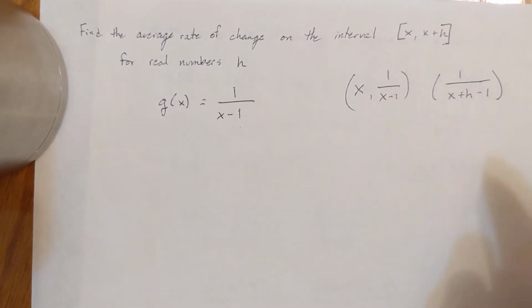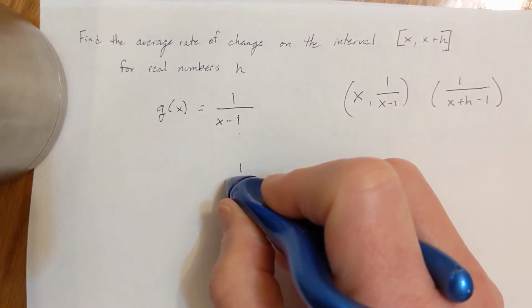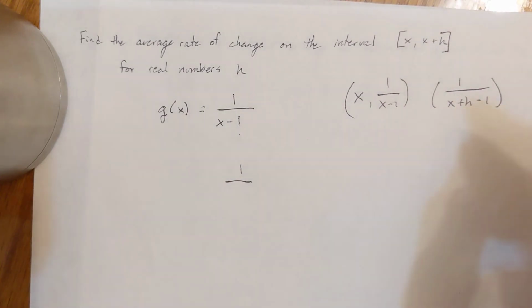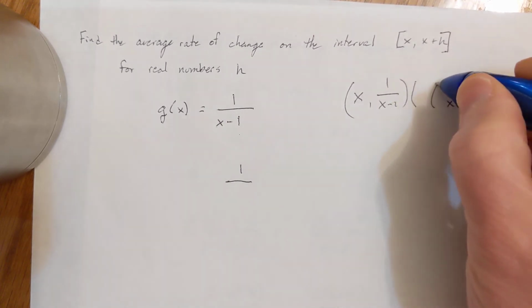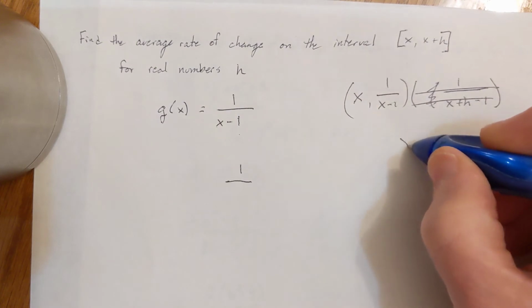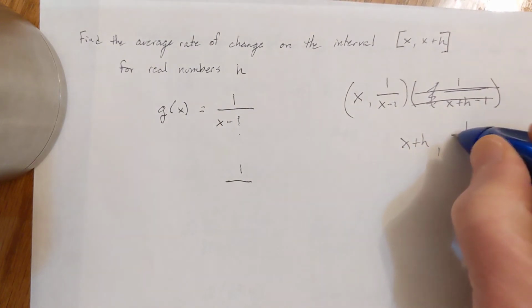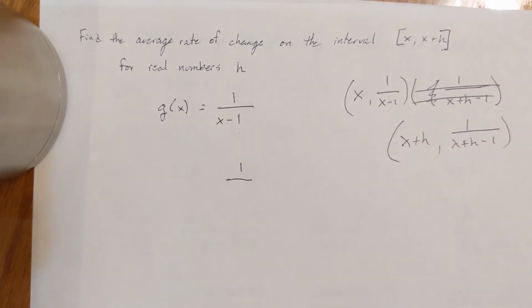So now I find the slope between these two points. Oops, sorry, this isn't written down right. This is x plus h, comma, 1 over x plus h minus 1. There we go.